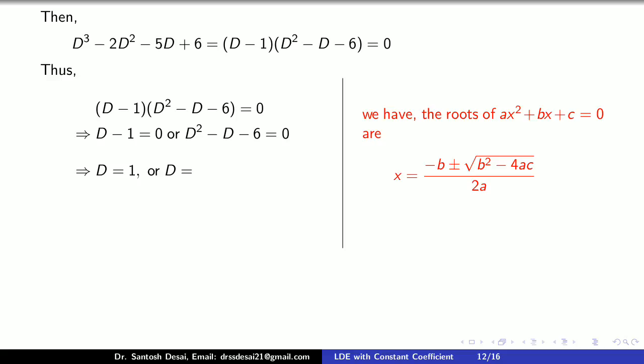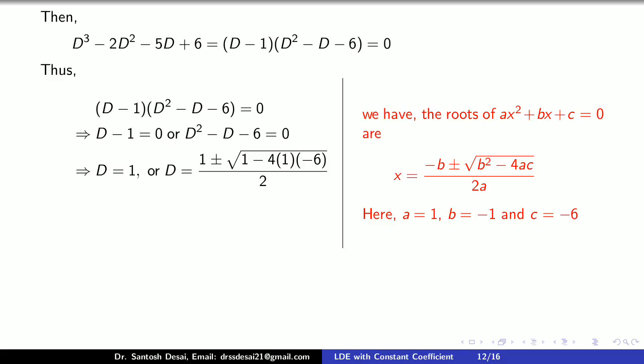Now you compare this equation ax square plus bx plus c with our quadratic equation, that is d square minus d minus 6. We get the values a is equal to 1, b is equal to minus 1, and c is equal to minus 6. Now substituting these values in the above formula, we get d is equal to 1 plus minus square root of 1 minus 4 into 1 into minus 6, divided by 2.